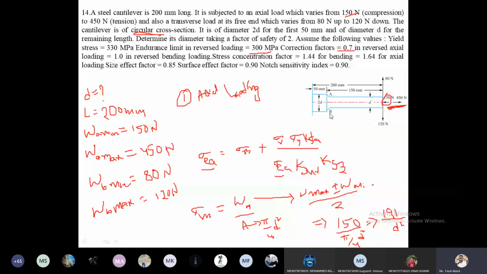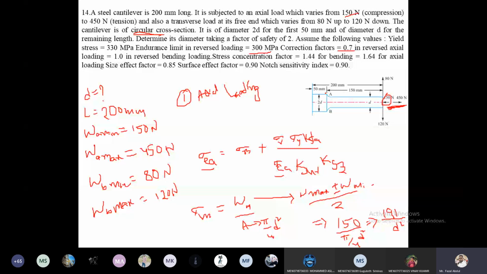So for that reason first I am calculating the D value. The D value is applicable to the whole remaining 150 portion. So I am calculating the value at particular point A and point B. Once we get the D value, easily we can get the remaining portion.